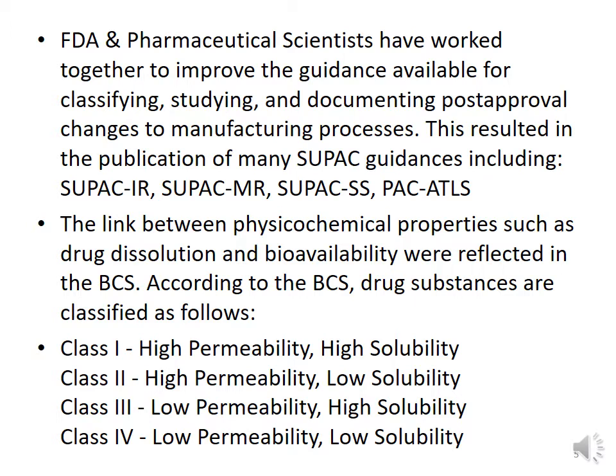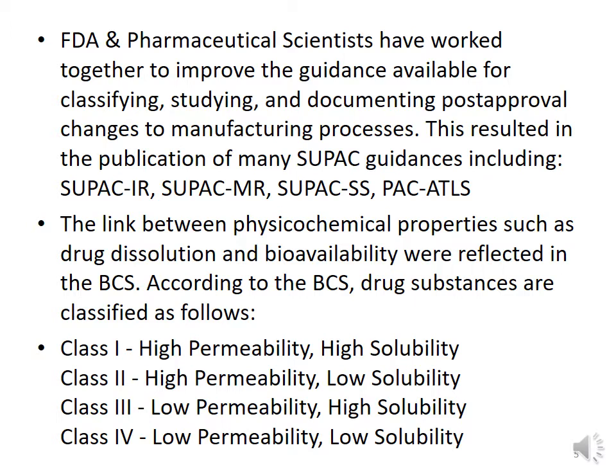In parallel with these efforts, the explicit link between physicochemical properties such as drug dissolution and bioavailability was becoming formally recognized, as reflected in the Biopharmaceutics Classification System (BCS), introduced in 1995. The BCS proposed a straightforward classification of drug products based on their solubility and permeability characteristics.